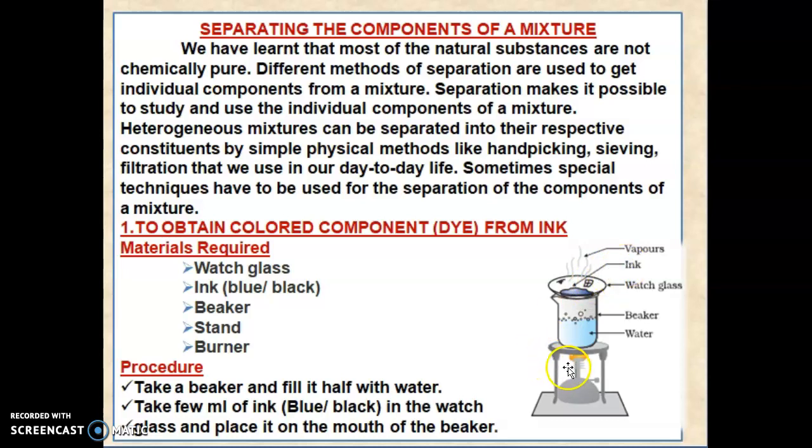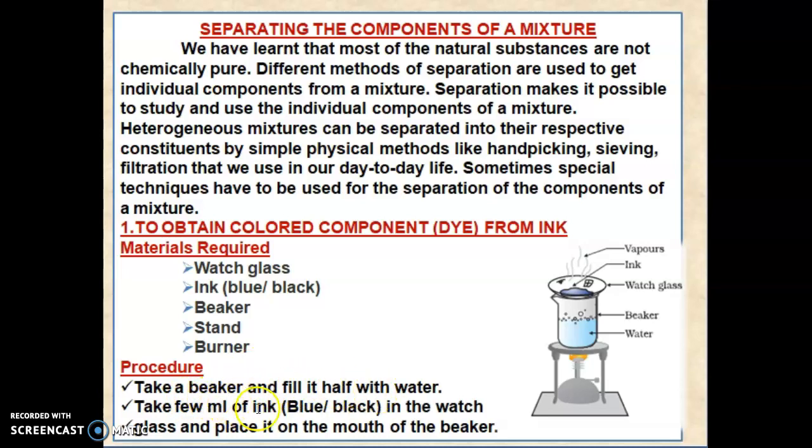When we heat, what happens? The water will boil, and due to the boiling of water, it will heat the ink, and the ink will turn to vapors. This happens in evaporation. What is the procedure? Take a beaker and fill it half with water.